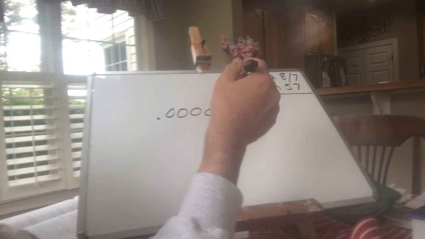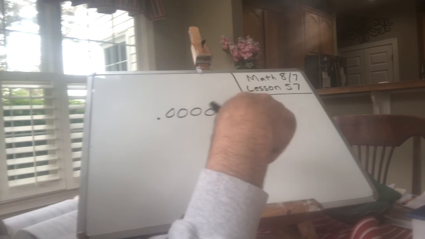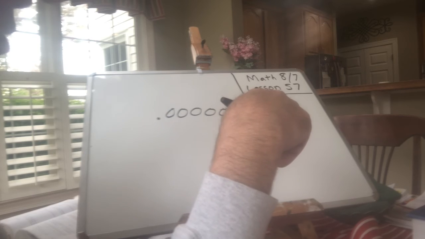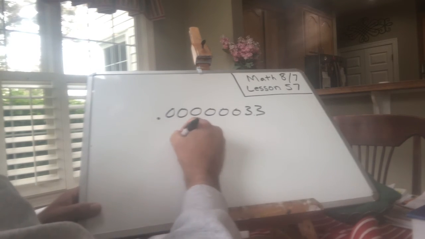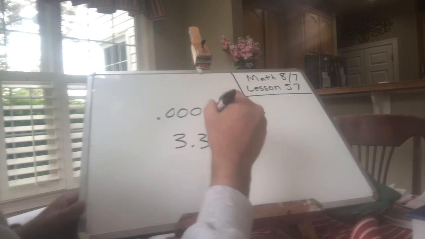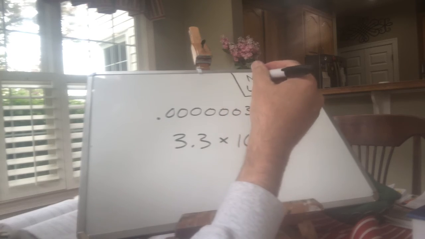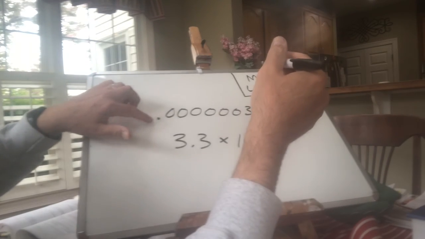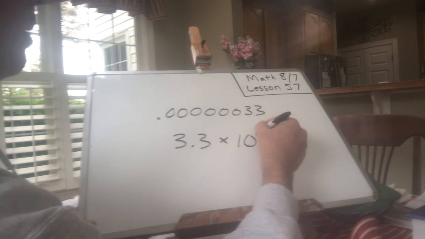Whenever you're writing a number in scientific notation, you're always going to put the decimal after the first non-zero number. So I'm going to write 3.3 times 10, and it's going to be a negative exponent because it's a very small number. To what exponent? It's going to be a negative exponent, I know that.